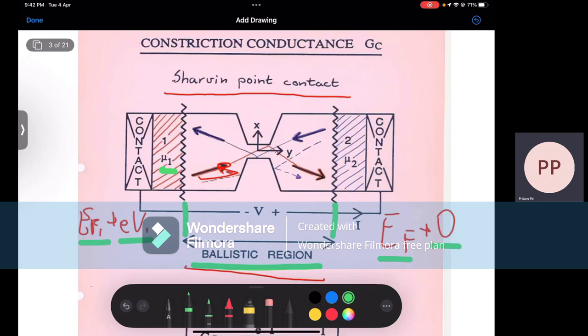And then one of these electrons with the chemical potential mu1 just flies through the constriction as billiard balls, which may reflect elastically but does not change its energy, as that's the definition of ballistic. So it will only change direction.